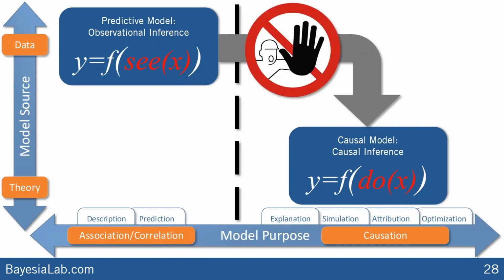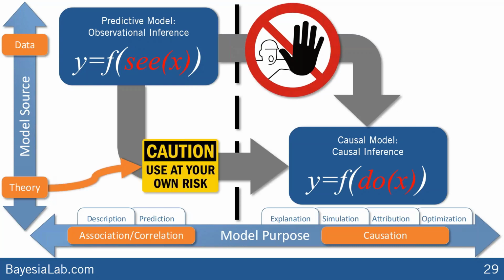And more data or fancy statistical techniques don't get us there. Instead, what we need is theory. We need to have external knowledge, domain knowledge, and introduce that into our model in order to get to a causal model so we can perform causal inference.